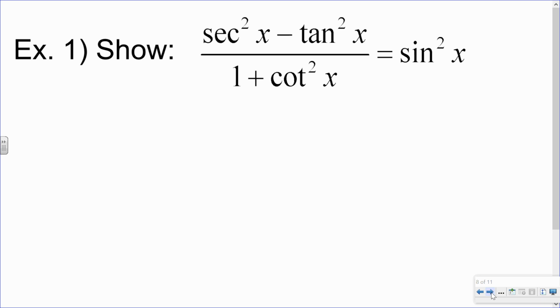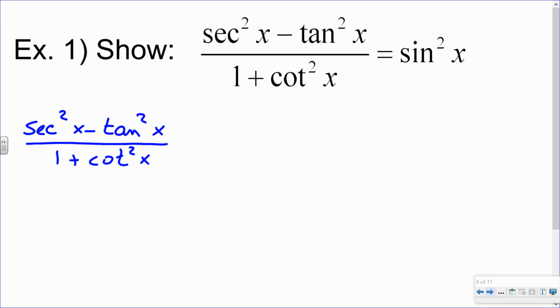We're going to write that down exactly like it is. Secant squared x minus tan squared x over 1 plus cotangent squared x. Okay, now I'm going to imagine this is on a test, so I can't look at the formula pages and the notes that I've just written down. But what's the identity you've memorized?